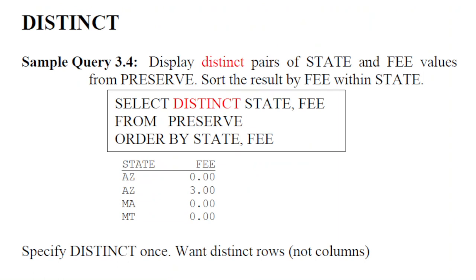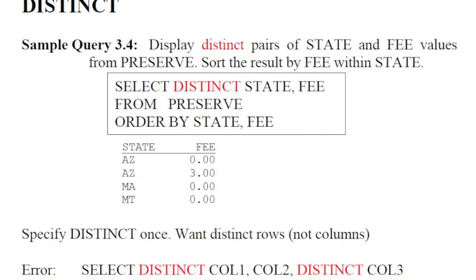That's what we do on the following sample query. We say display distinct pairs of state and fee values. We realize that objective by specifying the keyword distinct. And again, we sort the result values to make things easier to observe.